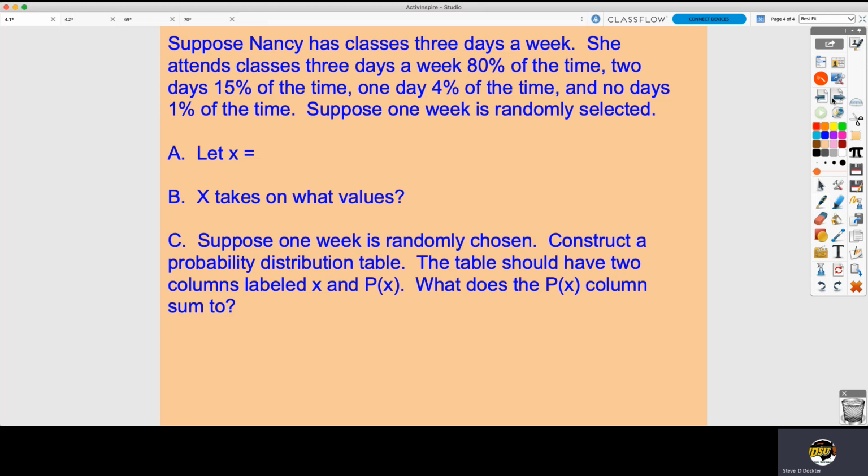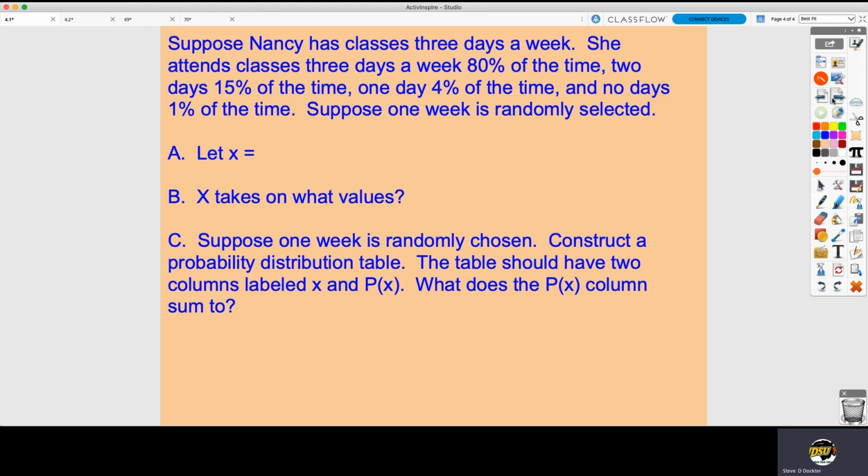All right, so we've got 3 questions to answer up here. Based on that data, Nancy has classes 3 days a week. She attends classes 3 days a week 80% of the time, 2 days 15% of the time, 1 day 4% of the time, and no days 1% of the time.